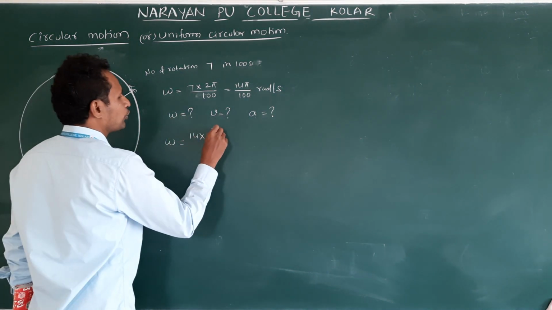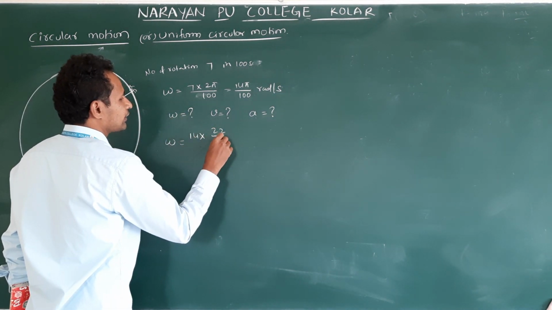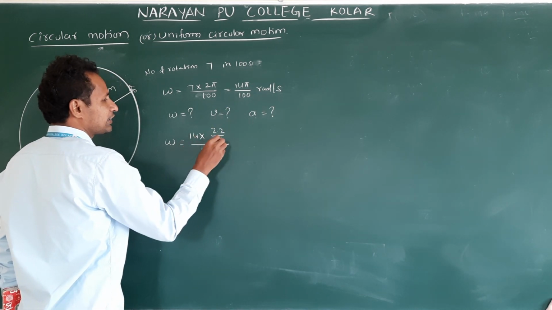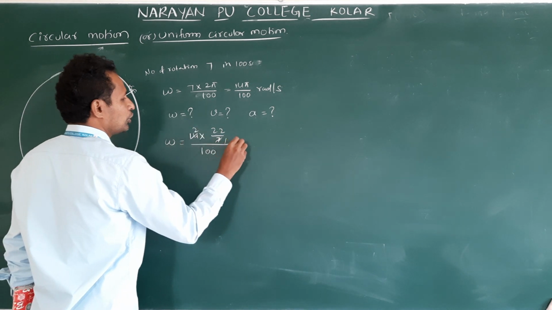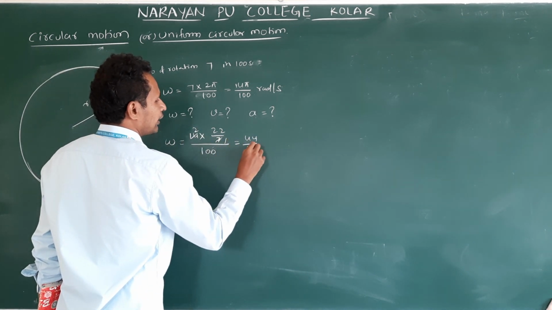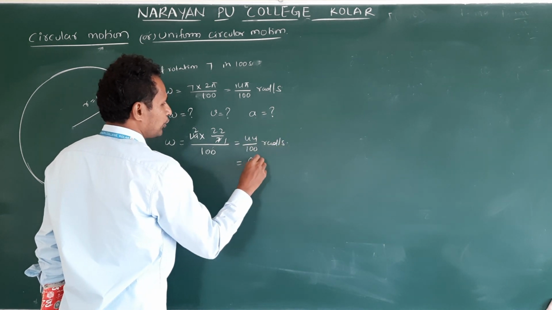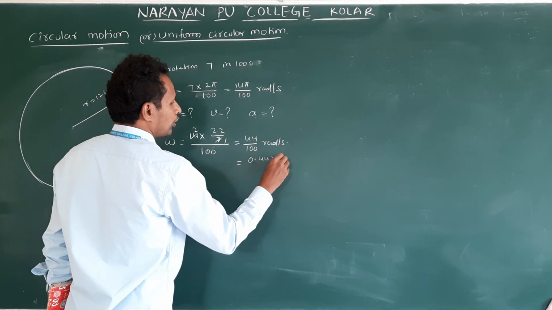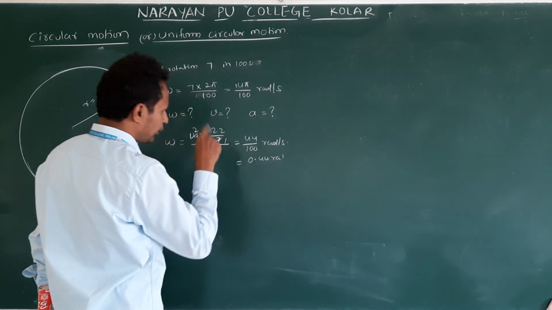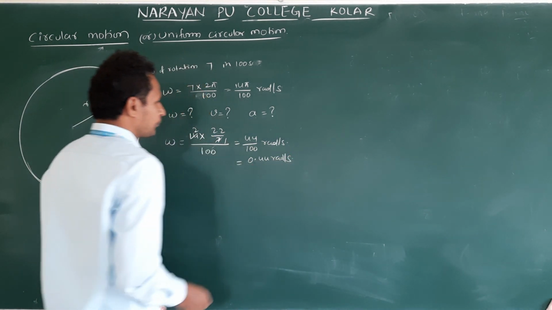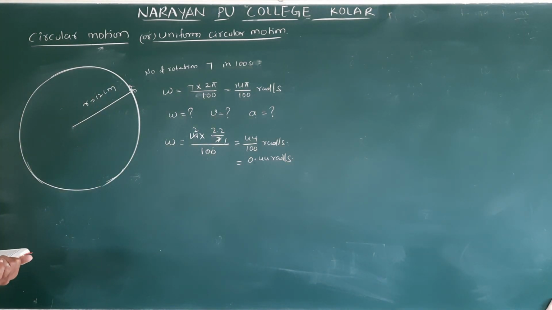Here I am selecting 22 by 7 because it is easy to calculate. It will cancel, 7 ones, 7 twos. So this is 44 by 100 radian per second, or we can write 0.44 radian per second.